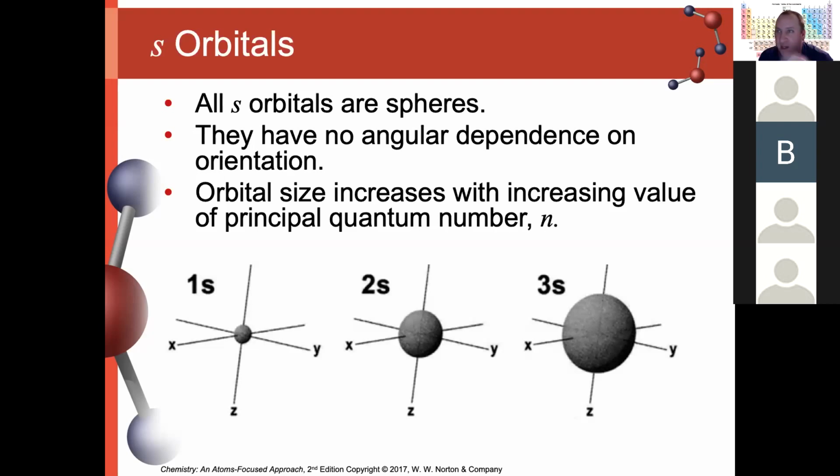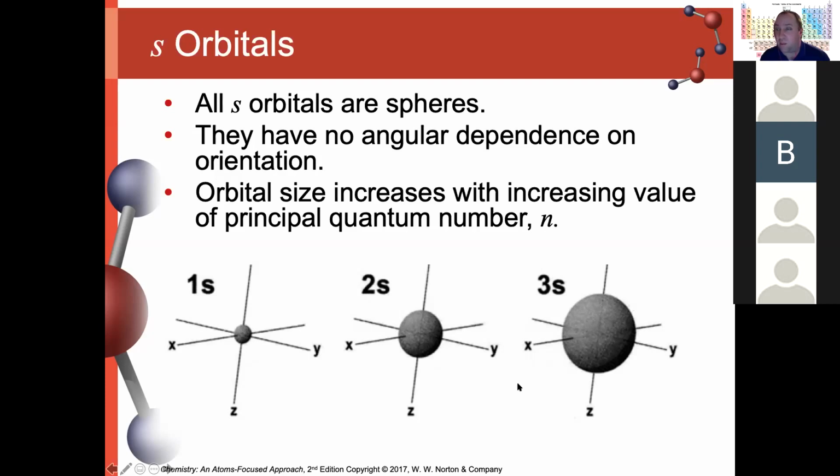They're all the same shape. They all cover all three dimensions of our coordinate plot equally. But as we go from the first energy level to the second to the third, we should notice that they get bigger and bigger and bigger.